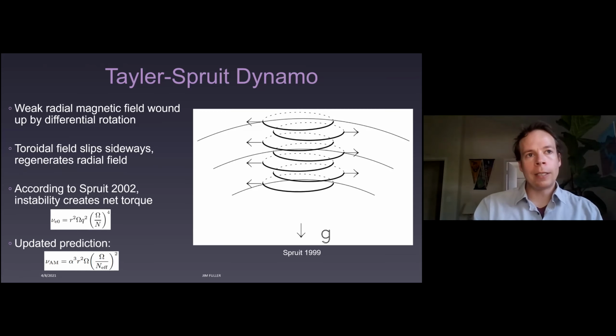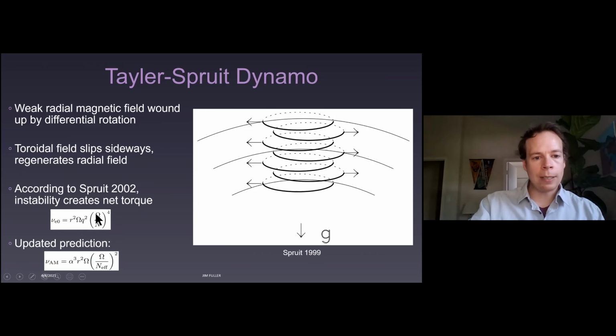The larger the amplitude the instability grows, the larger radial magnetic field you generate. And that means you have a larger Maxwell stress that can transport angular momentum in the star. So how this instability saturates will basically affect how much angular momentum transport you get within the star. And then the classic paper by Henk Spruit proposes one mechanism for how this instability saturates, and that gives you an effective viscosity of a magnetic field that scales in this way.